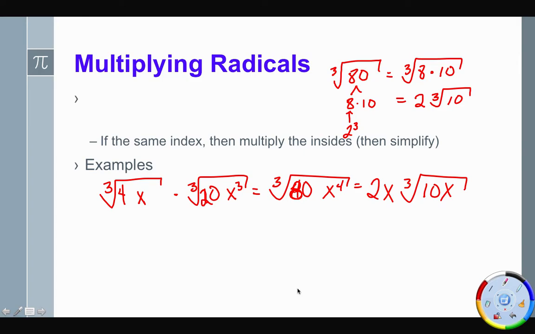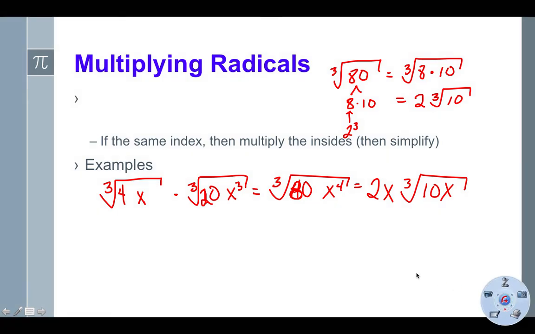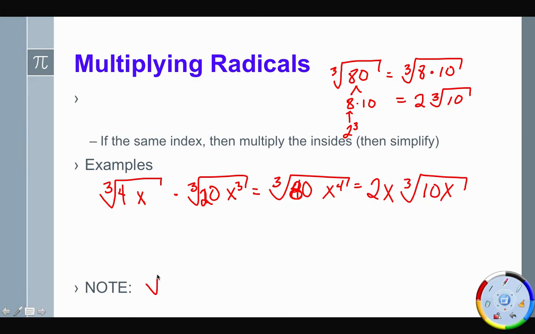One last little piece of information that we need to understand in this idea of multiplication. There is one thing that does not work. If I was to take the square root of -2 times the square root of 16, this does not work.